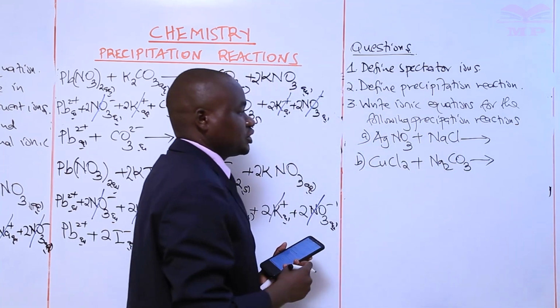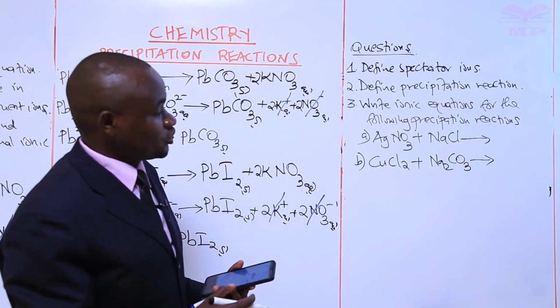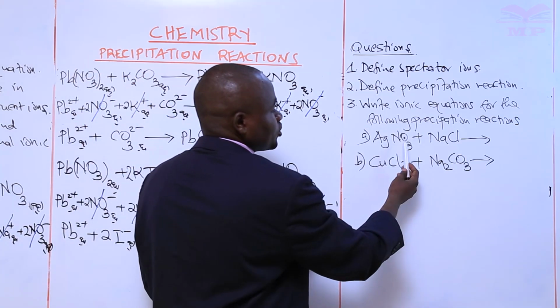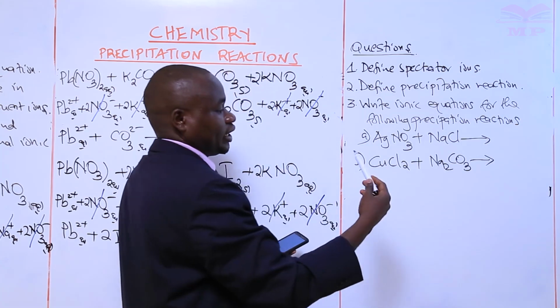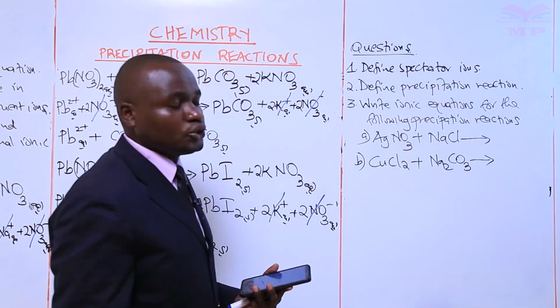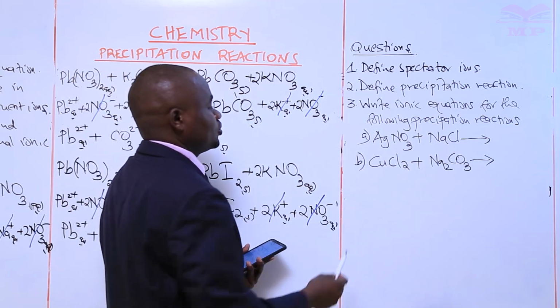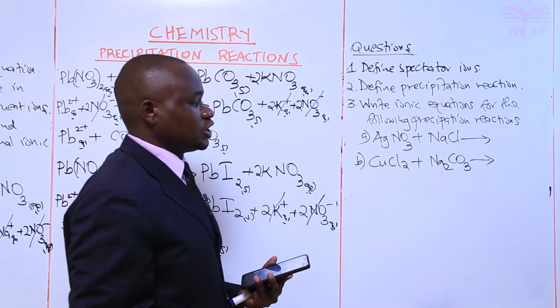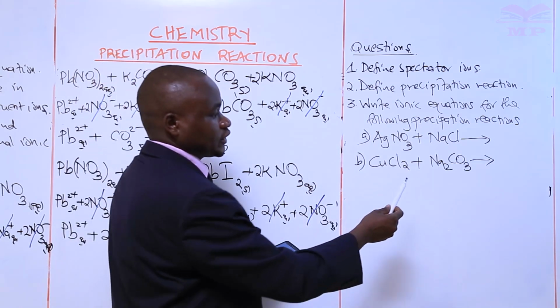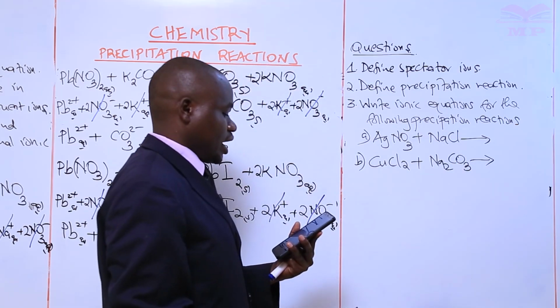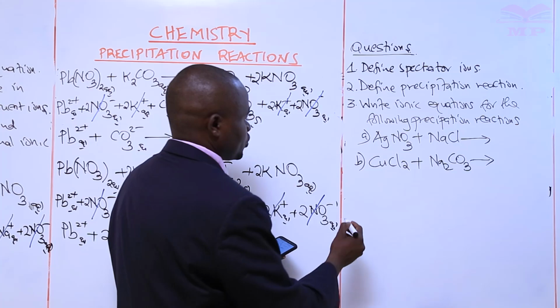Remember, we have said precipitation reactions involves reaction between two soluble salt solutions. Then we get an insoluble salt and a soluble salt. So these two are still precipitation reactions. So you'll get the products. After getting the products, you try and write the ionic equation.